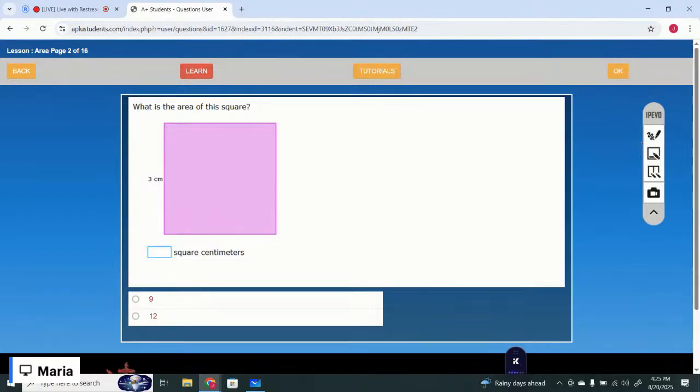Yes, 9 it is. Option number 1 is the correct option. That is 3 times 3 is 9. So 9 square centimeters it is.